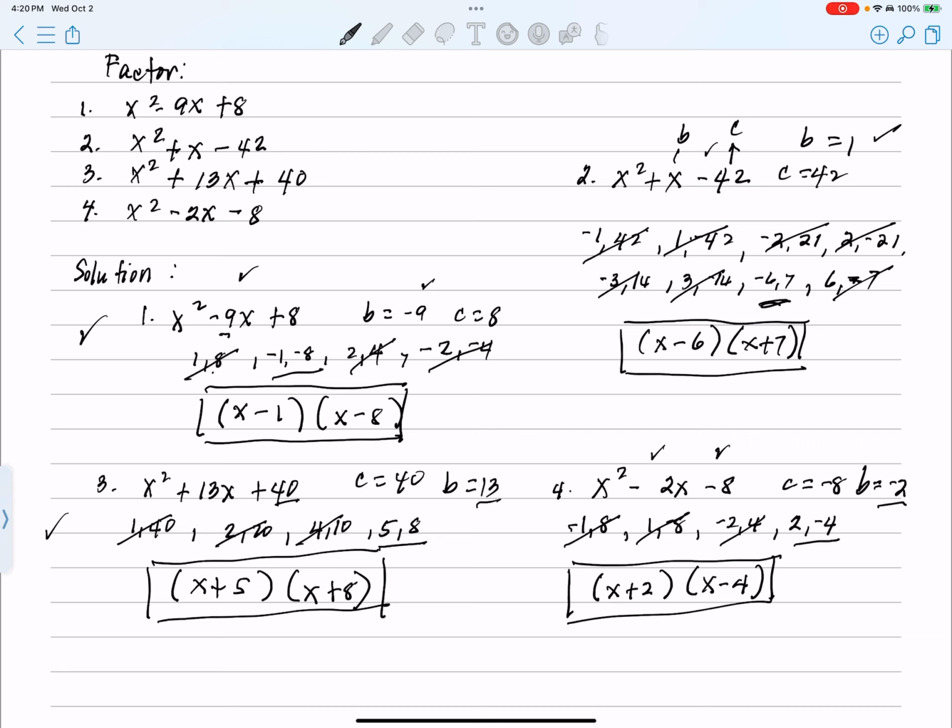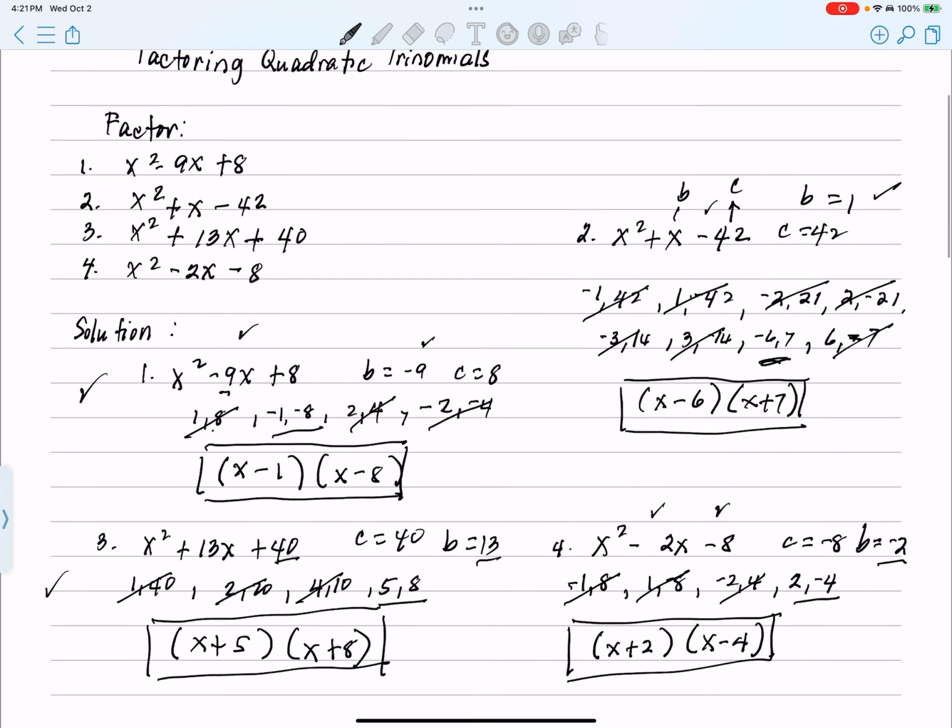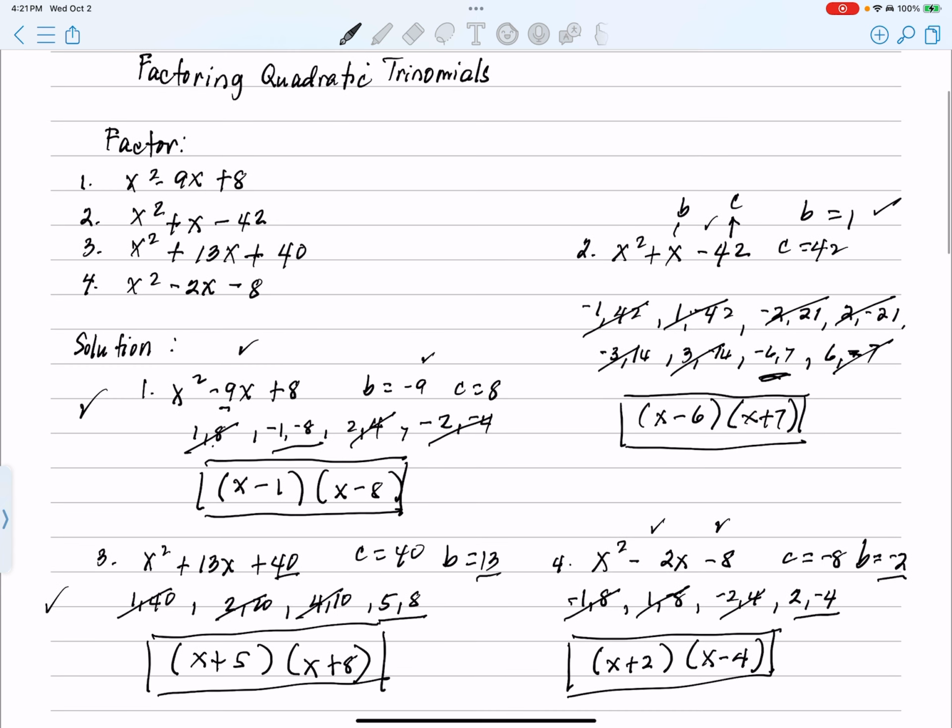When I have a negative last term or two negatives, I know that one of the pair has a negative value. And that's it. That's what you have to remember. And that will be the fastest way in factoring quadratic polynomials or trinomials. See you in my next video.